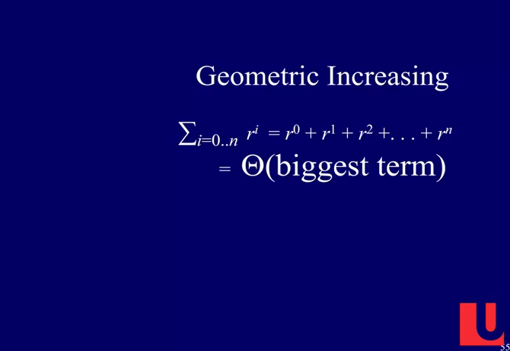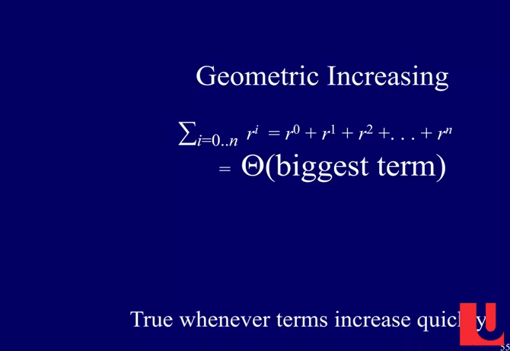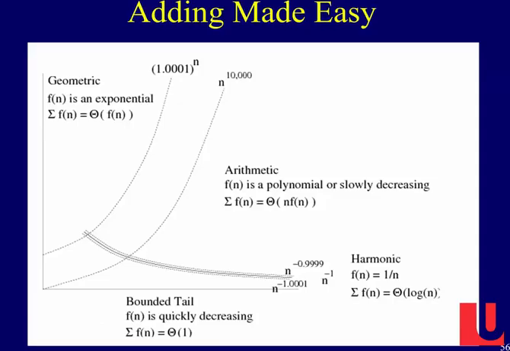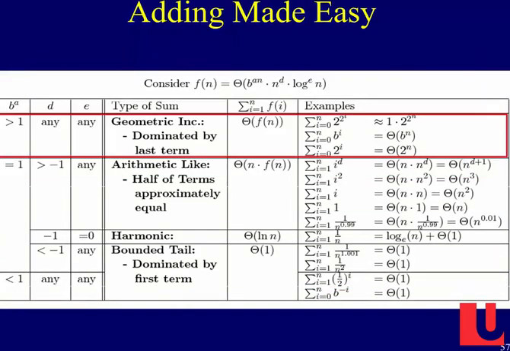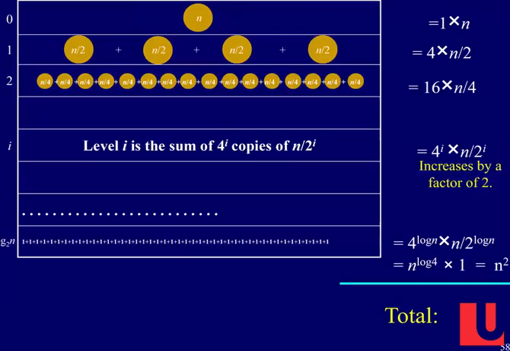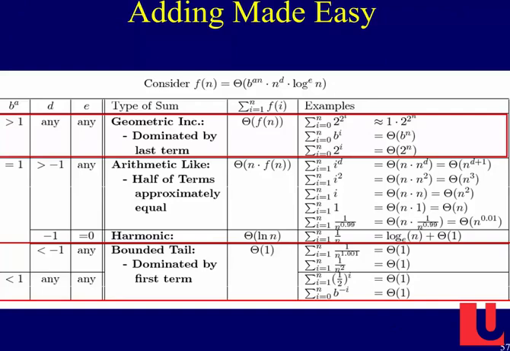But if r is a half, then that's the biggest term, then we get 1 and a half and a quarter. This is true whenever the terms increase geometrically. This is showing you my sum equation. It says if we're adding up a bunch of things that are geometric, then the sum is the biggest term, or if they're decreasing geometrically, then the sum is big O of 1.